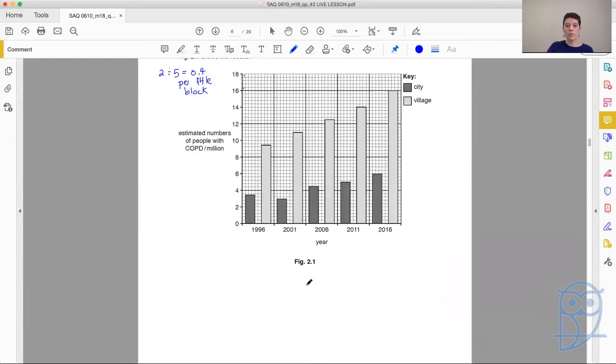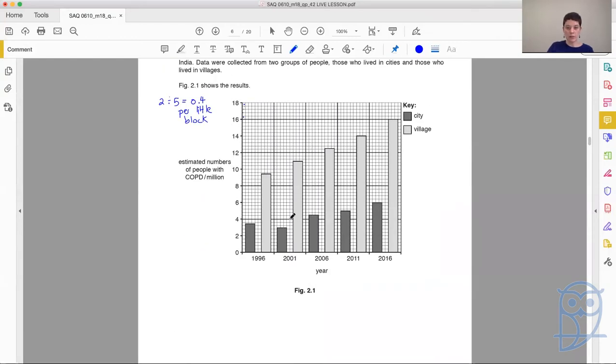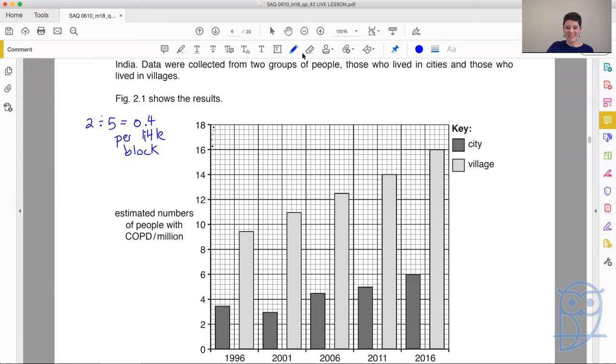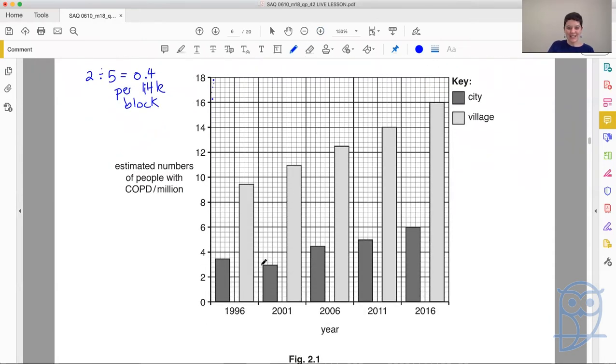So in 2001, let's have a look at what our data points are. So we need to read this one. This one, if you see, nice and closely, it's sitting halfway between here, which lines up perfectly with 3. And this one here is also sitting halfway between, which is going to line up with 11.